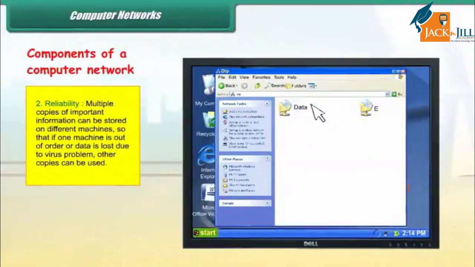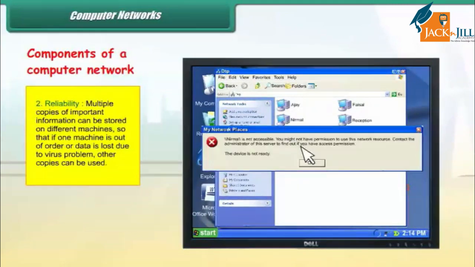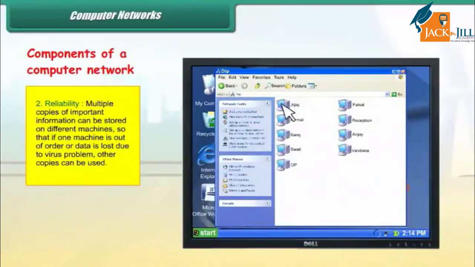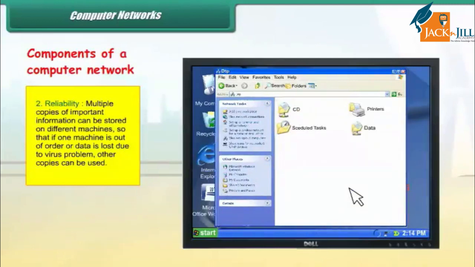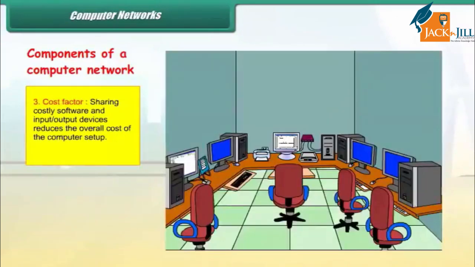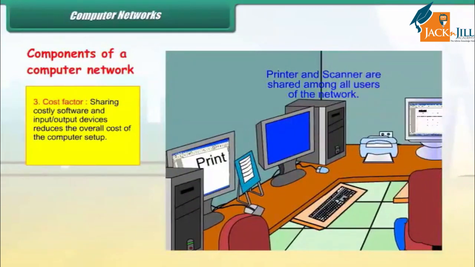Reliability: multiple copies of important information can be stored on different machines, so that if one machine is out of order or data is lost due to a virus problem, other copies can be used. Cost factor: sharing costly software and input-output devices reduces the overall cost of the computer setup.